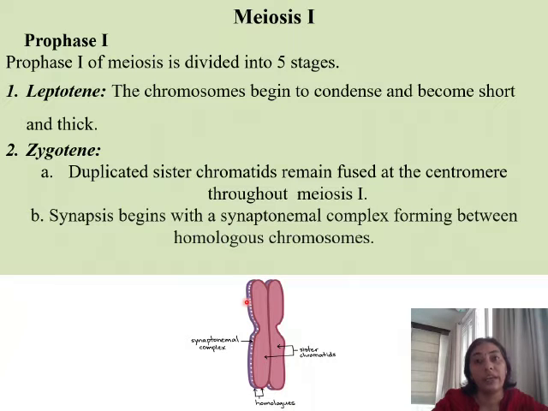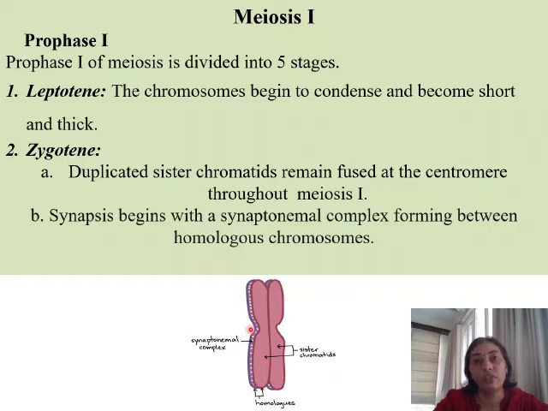They have got connected to one another. So this is what we call synapsis. That is, synapsis is the pairing of the two homologous chromosomes. And this connection between the two is called the synaptonemal complex.